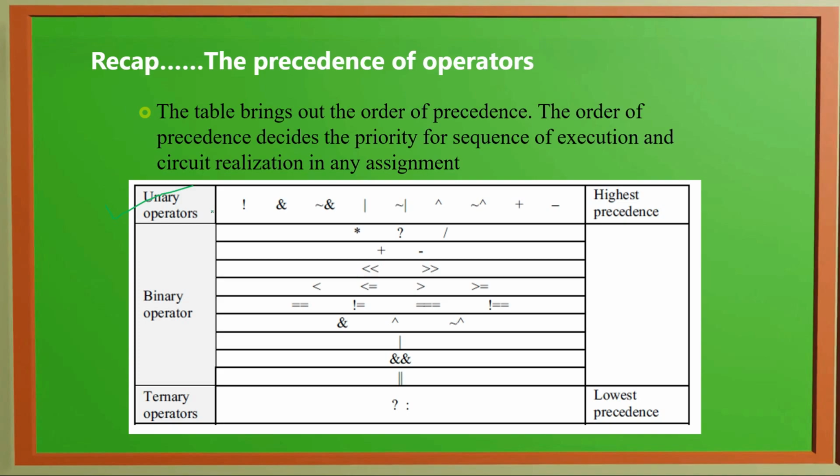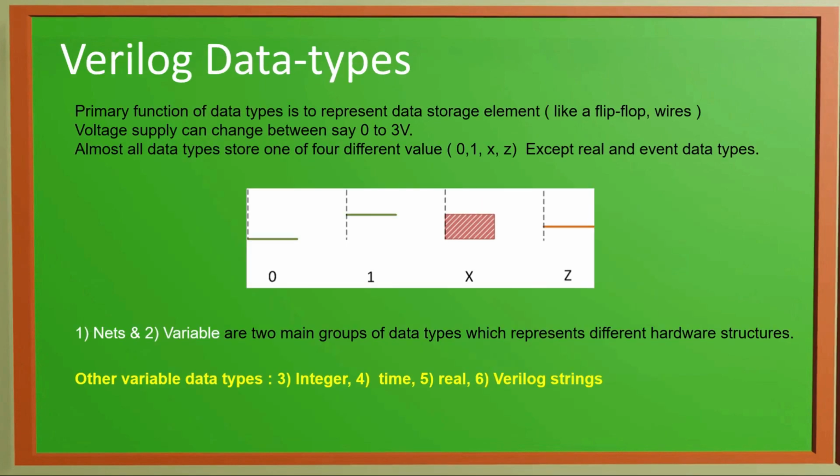In that case, unary operators will get priority. After that, the next priority will be given to the binary operators, and the lowest priority will be given to ternary operators, where we have seen one condition of if else.